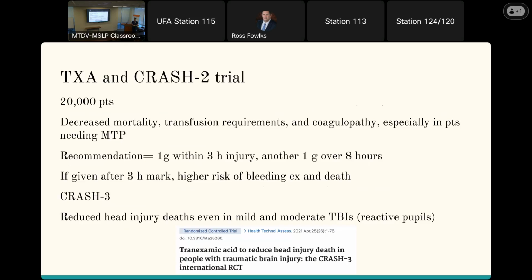Better to go ahead and give it, and then if we feel like their second dose is necessary, then we'll give it. You're not going to make them worse by giving it, even if it's like 4 hours after they started bleeding. If it's been a day and they're still alive and they're bleeding like that, then that's a different story. So, about the dosing, 2 grams.